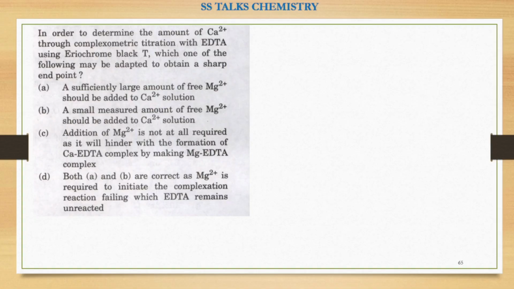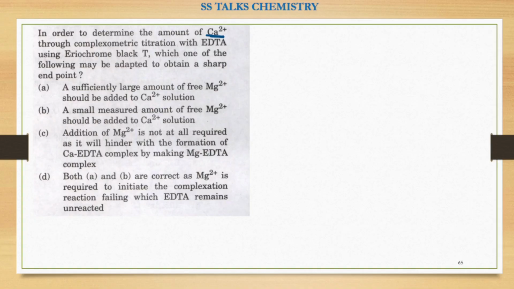It says in order to determine the amount of calcium ion using complexometric titration with EDTA using Eriochrome Black T, which one of the following may be adapted to obtain a sharp endpoint? So for the determination of calcium ions, what we generally do is that we add a small amount of magnesium first.